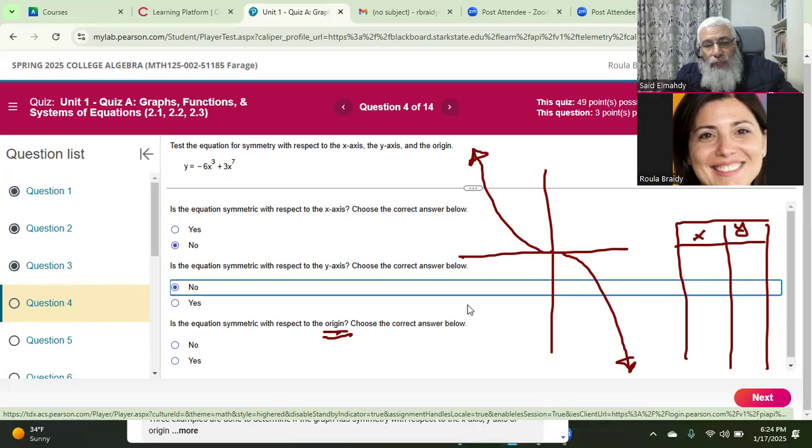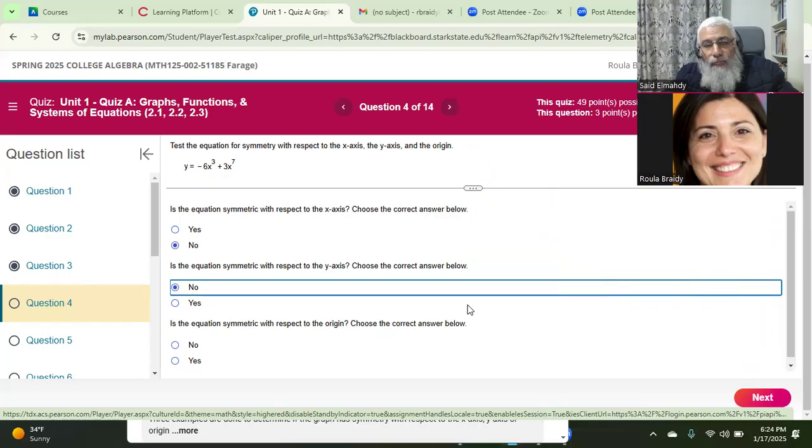If it is symmetric to the x-axis, this means that f of x is equal to negative f of x.